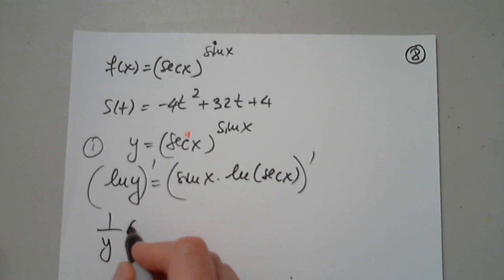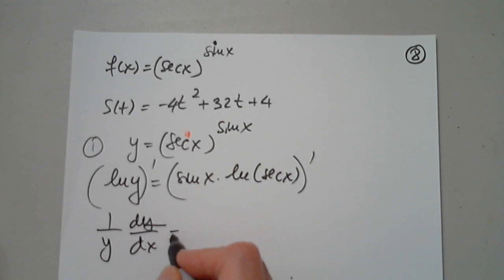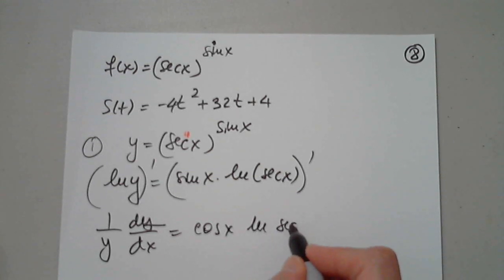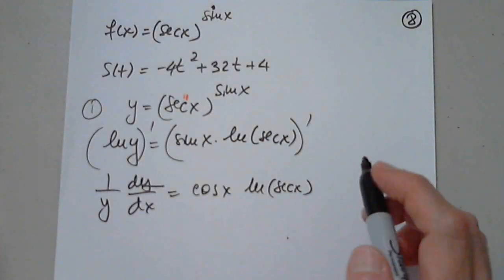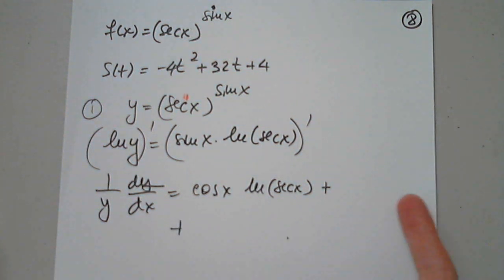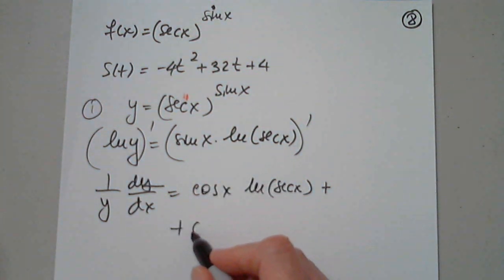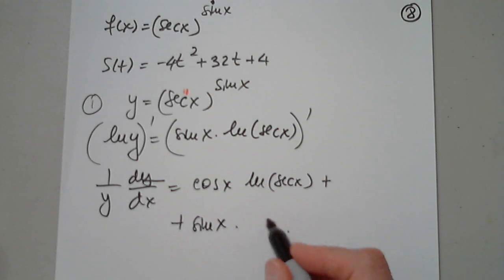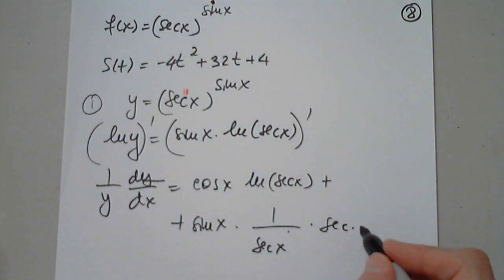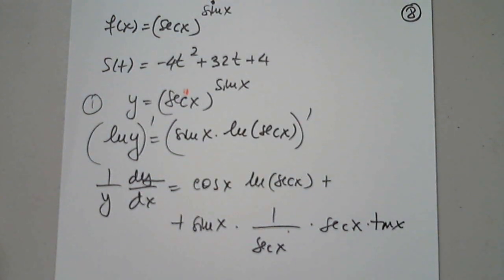And this is 1 over y dy over dx. And this is cosine and natural log of secant x. And then plus sine. I always run out of room with these markers, so I'm copying it here. And 1 over secant x times secant prime, which is secant x tangent x.